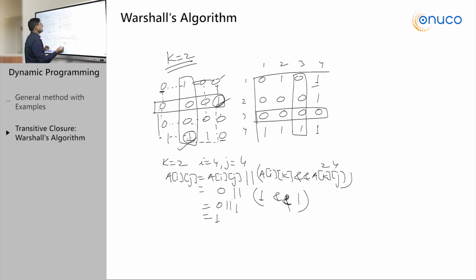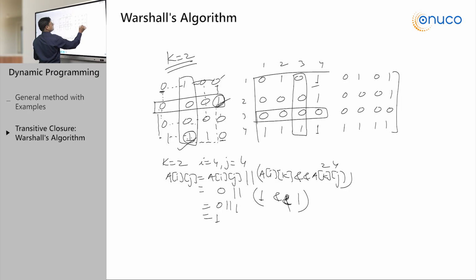Both are 1, then only 1. So in these iterations, we are not going to get any outcomes. So it will remain the same values, right? Now, if k is equal to 3 is done, then we are left with k is equal to 4.